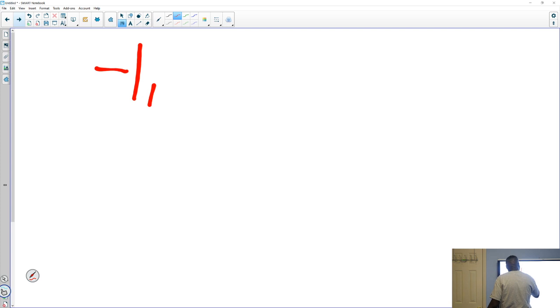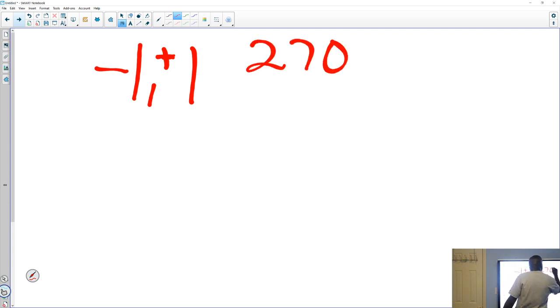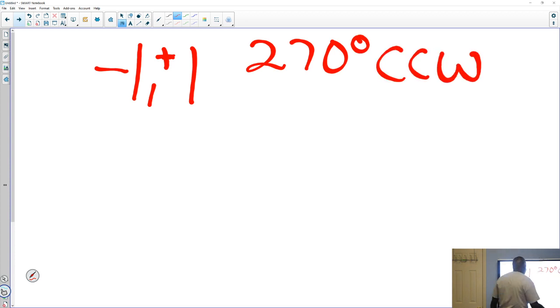Negative 1, negative 1. Let's make a positive 1. And then you want to do 270 degrees counterclockwise. All you have to do is flip it, which would be 1, negative 1 after I flipped it.